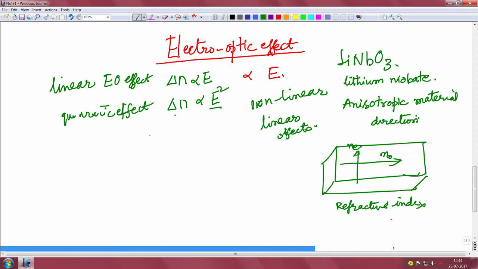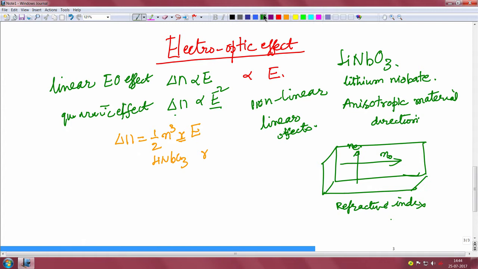So, in the specific case, I will just give a small formula which is useful to express refractive index profile as a function of electric field. So, in the case of lithium niobate, we have this r, this can be called the electro-optic coefficient.